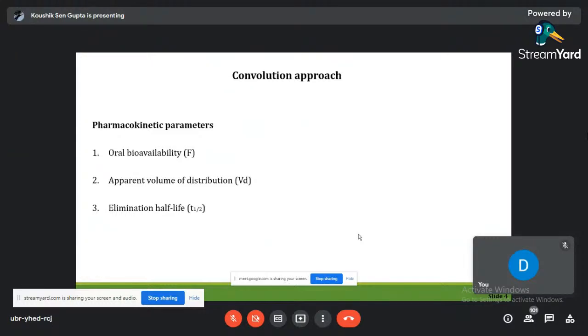In the last appendix pages, you can get these pharmacokinetic parameters of many drugs. And obviously, a good pharmacology book also has them. Understood? So by these three pharmacokinetic parameters, we can convert the in vitro dissolution data into the in vivo performance. We can predict the in vivo performance of that particular dosage form.